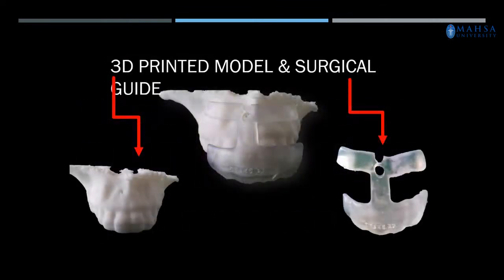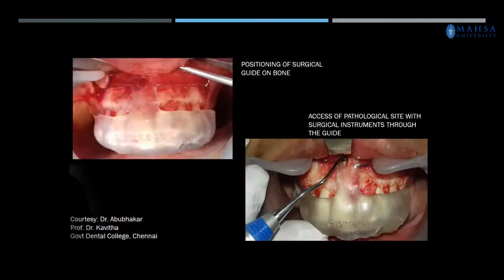We did a 3D model just for us to see how accurate it is, and because it's the first time they were using it, we actually raised quite a large flap. But conventionally, you don't have to raise such a large flap. You just have to make a small C-shaped incision and then go to where the pathology is, clean it, irrigate it, and if you want to resect it, get it done, and then come out. An extremely conservative way of handling surgical guide access.